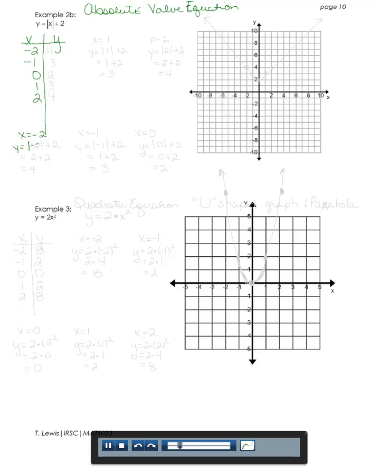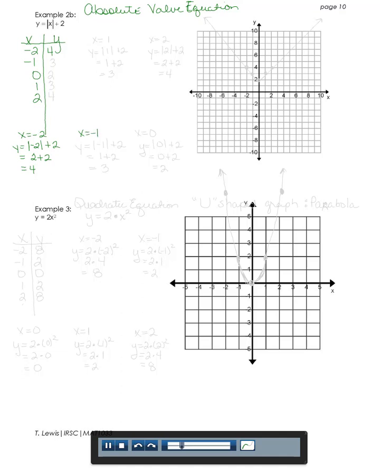So the absolute value of -2 plus 2. But what is the absolute value of -2? 2, yes. How far is -2 away from 0 on a number line? 2. Okay? So 2 plus 2, 4. So the ordered pair that we're going to plot is -2, 4.